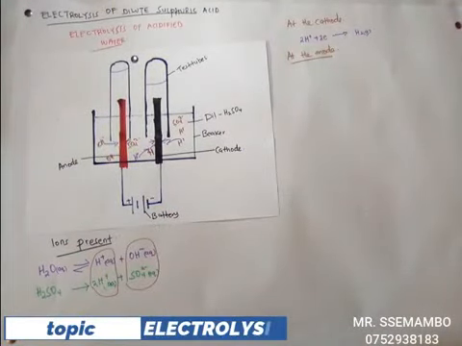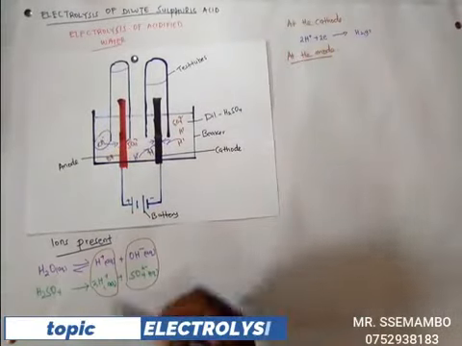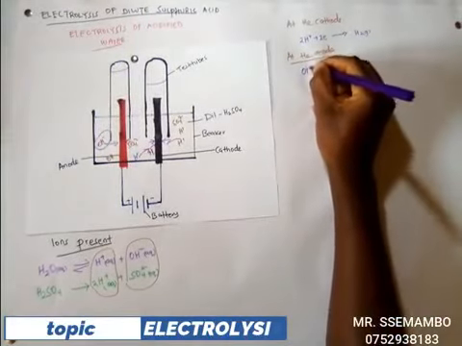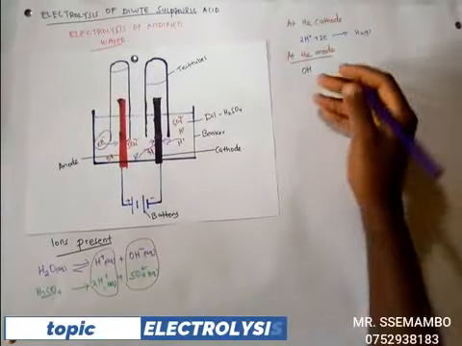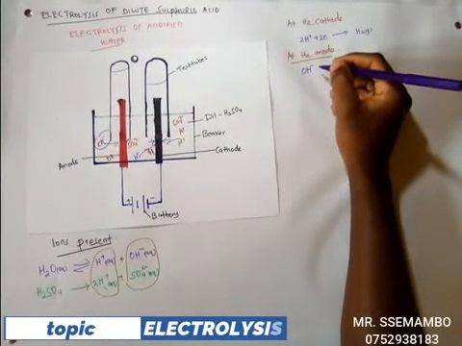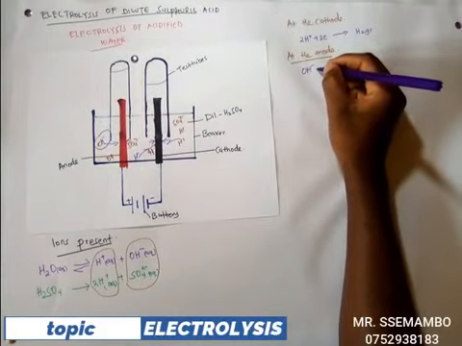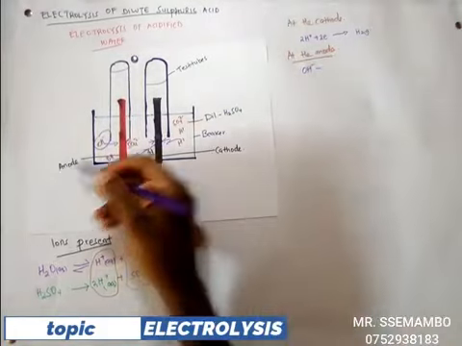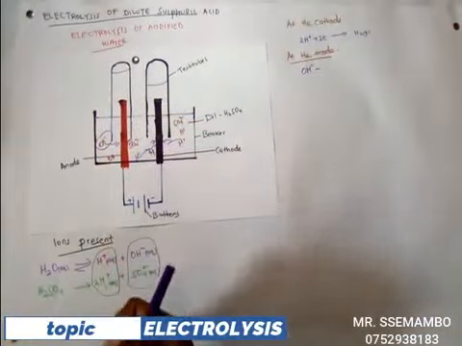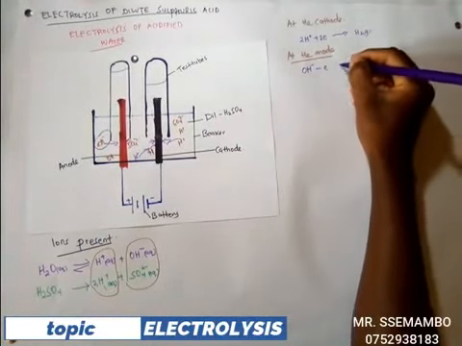So how are the hydroxyl ions discharged? Let me first write this equation and later on I'll rectify it. When they reach the anode, they lose the excess electrons because the anode pulls electrons from the solution.